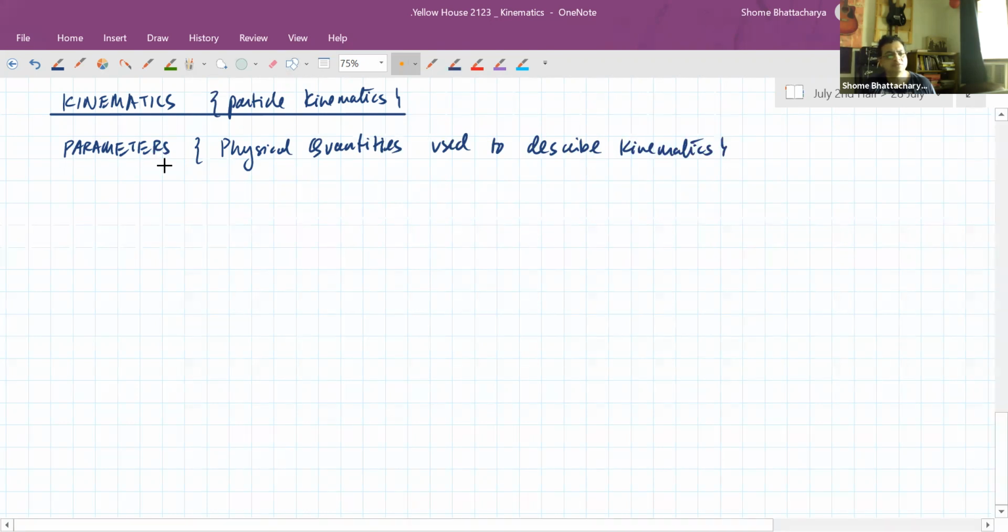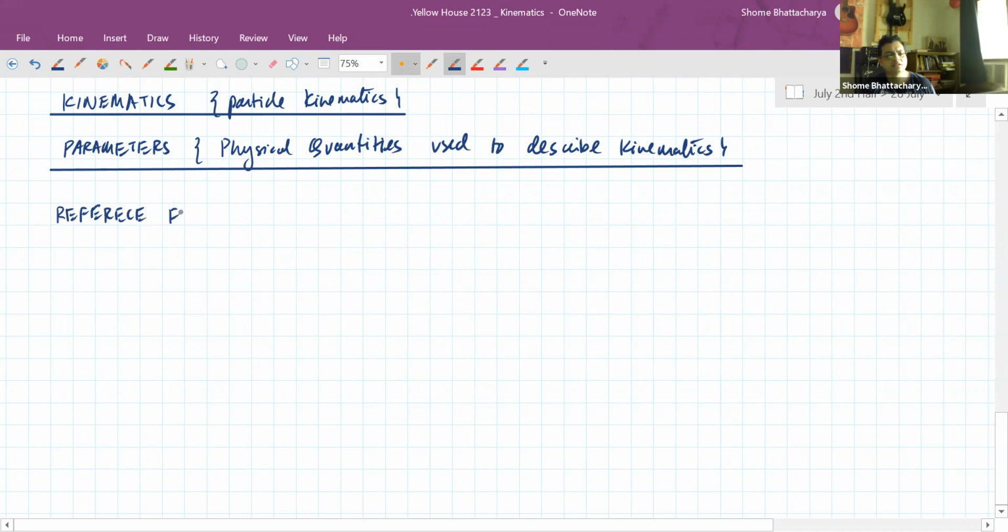The first term that we use in kinematics, actually even in Newton's laws and the whole of physics, especially mechanics, is the term reference frame. Reference frame is very important because it is a sort of framework with respect to which all measurements are made.